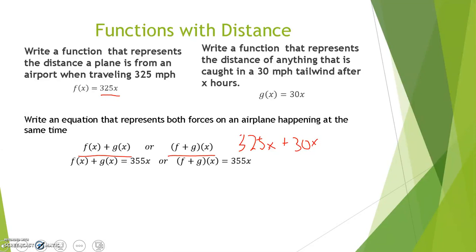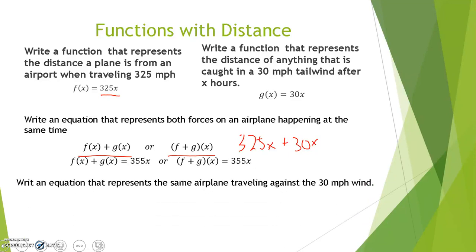It just means the same thing, just different ways of denoting that we're adding those two functions together. So 325x plus 30x is 355x. What that means is that every hour the plane is going to be traveling 355 miles. And so after 2 hours, it'd be 355 times 2, or 710 miles away, and so on.